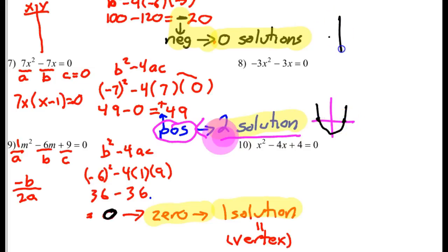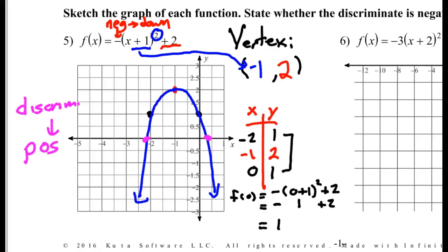And remember, we can have 0 solutions, which can look like this, where it doesn't cross at all. And we can have 1 solution that looks like this, where the vertex is also the x-intercept. Those are the 3 possibilities. On each of these, we're also going to say, well, is the vertex positive, negative, or 0?